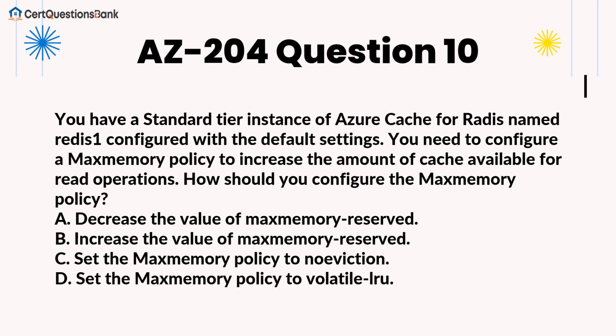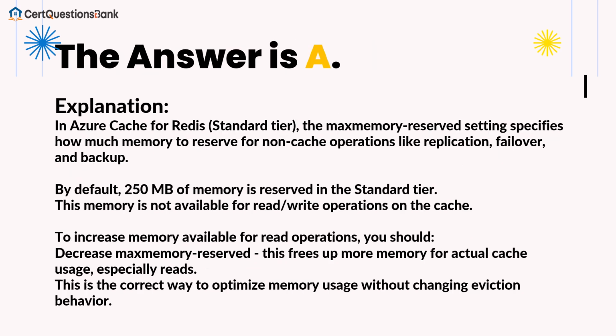A. Decrease the value of maxmemory-reserved. B. Increase the value of maxmemory-reserved. C. Set the maxmemory policy to noeviction. D. Set the maxmemory policy to volatile-lru. The answer is A.